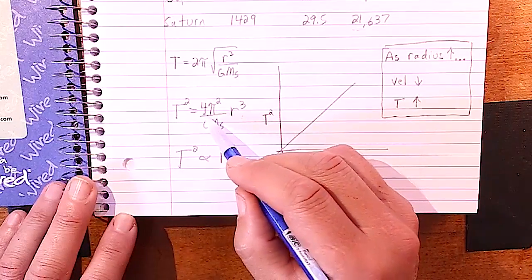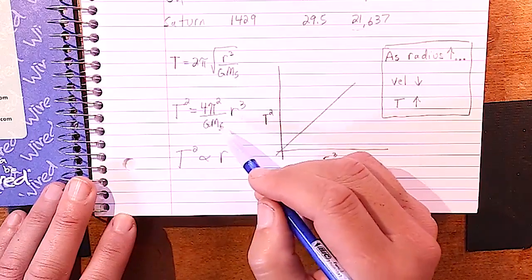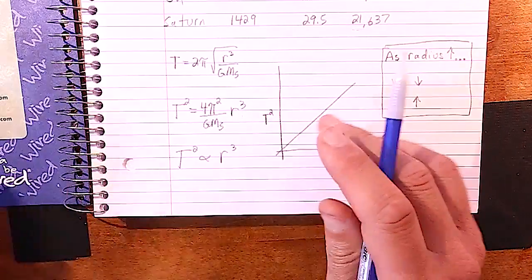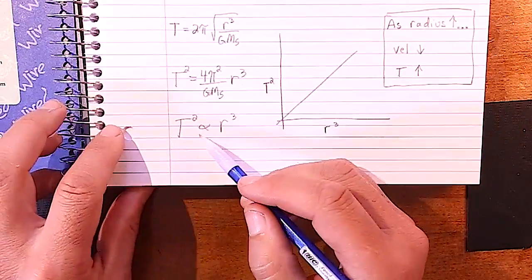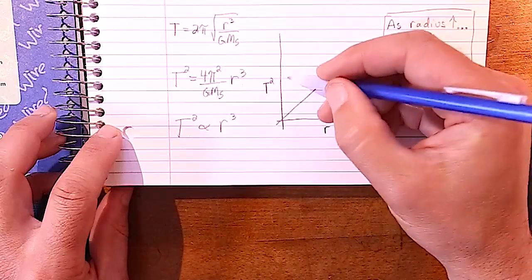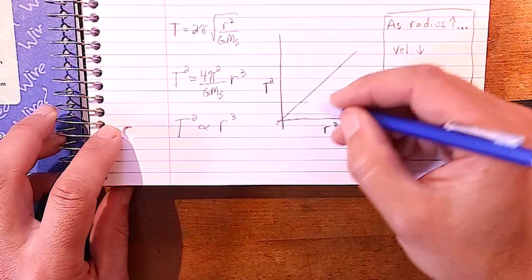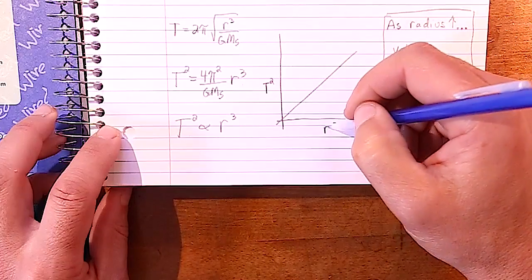So these are all constants. 4 is a constant, pi is a constant, big G is a constant, and the mass of the Sun is a constant. So therefore, we can say that T squared is directly proportional to r cubed. So if we were to graph this, we would get a straight line. It's a linear relationship between these two.